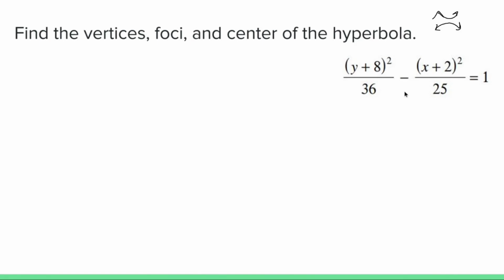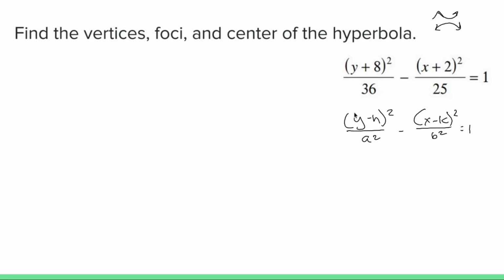Not to be confused with Robert Downey Jr., famous actor. What we're going to do is compare this to (y minus h) squared over a squared minus (x minus k) squared over b squared equals 1.